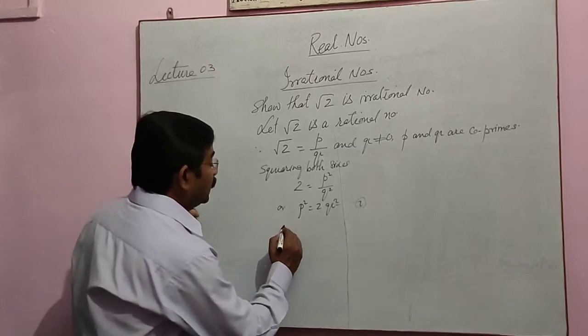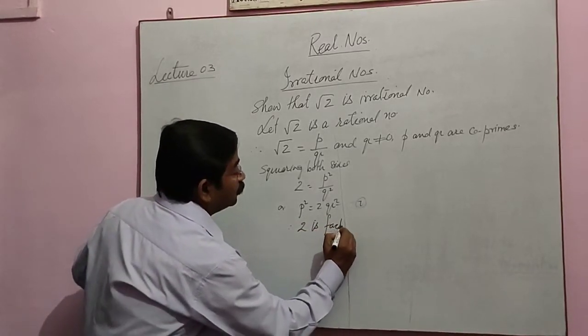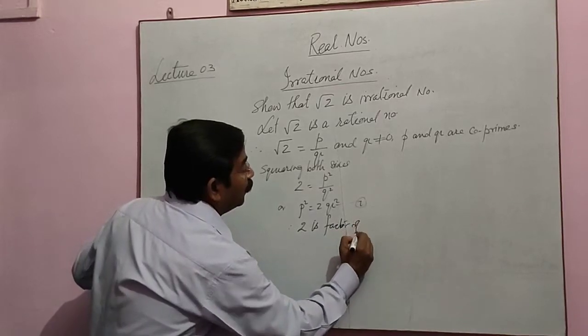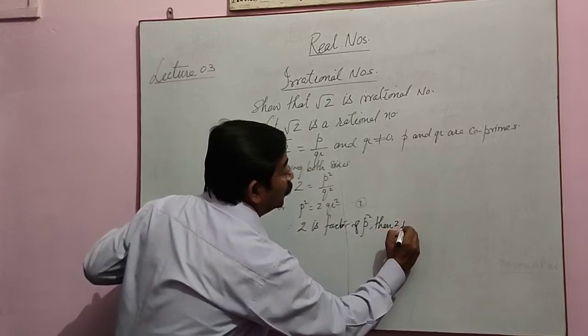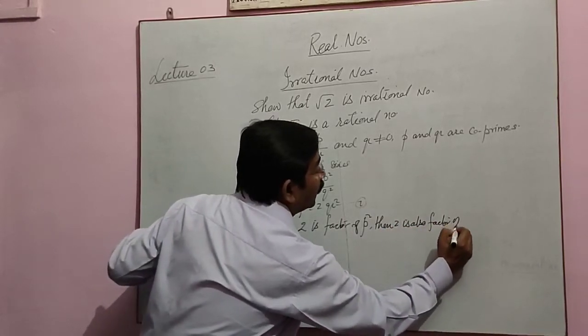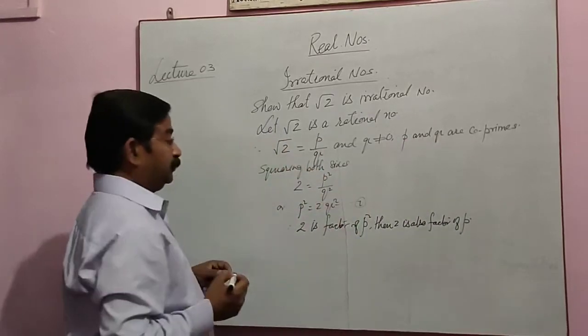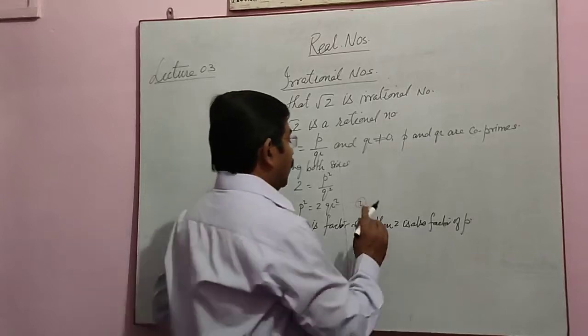We write, since 2 is a factor of p square, then 2 is also a factor of p. Let this be an equation.